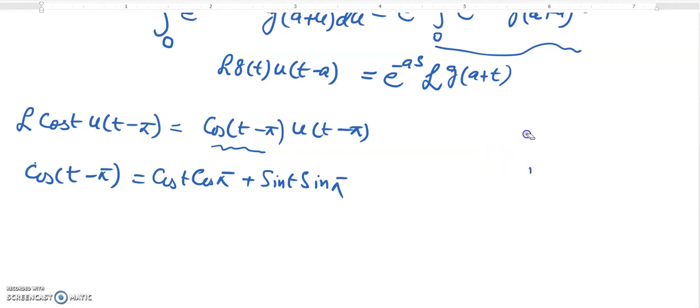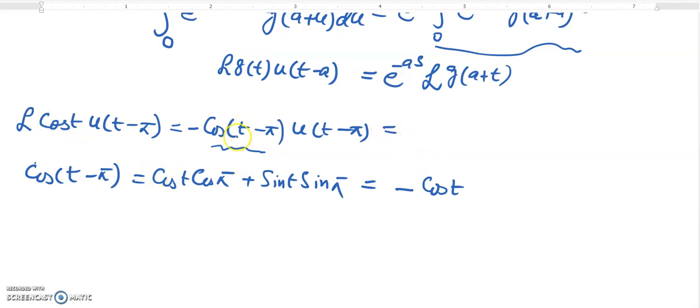It is now cosine of t times cosine of pi, which is minus 1, so minus cosine of t, and then the second term is 0. So when we write cosine of t minus pi, it is actually minus cosine of t. So I have to write a minus over here so that it is equivalent to its original term.